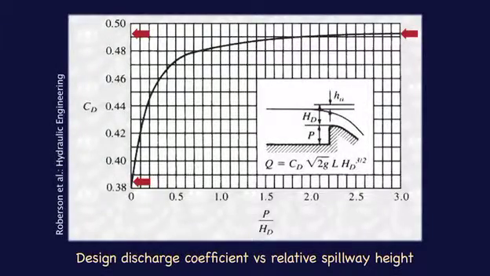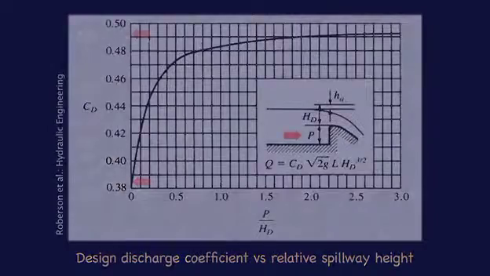The higher values apply for higher spillways. Note that the actual discharge coefficient could be up to 28% higher than the theoretical value, depending on the height of the spillway.